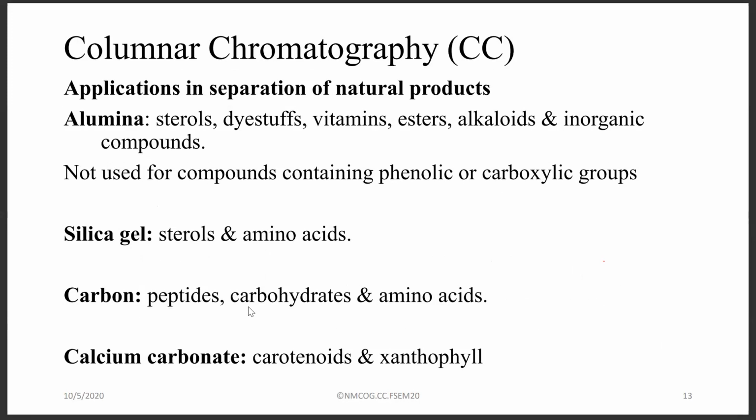Applications in separation of natural products. Alumina is used for steroids, dyes, vitamins, esters, alkaloids, and inorganic compounds, and not used for compounds containing phenolic or carboxylic groups. Silica gel is for steroids and amino acids, carbon for peptides, carbohydrates, and amino acids, and calcium carbonate for carotenoids and xanthophyll.